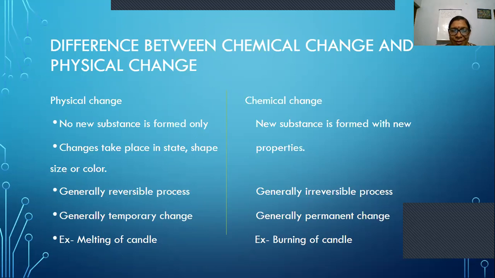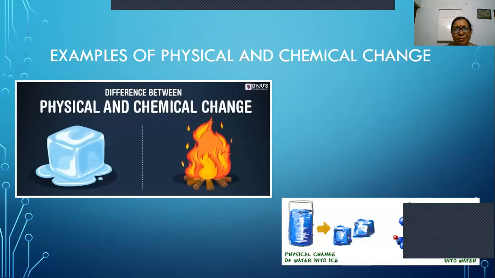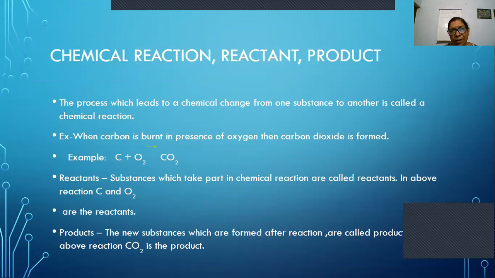Physical change, example, melting of candle. In case of chemical change, example, burning of candle. Here are some examples of physical and chemical change, so you observe this. Now, next important terms are chemical reaction, reactant, products.